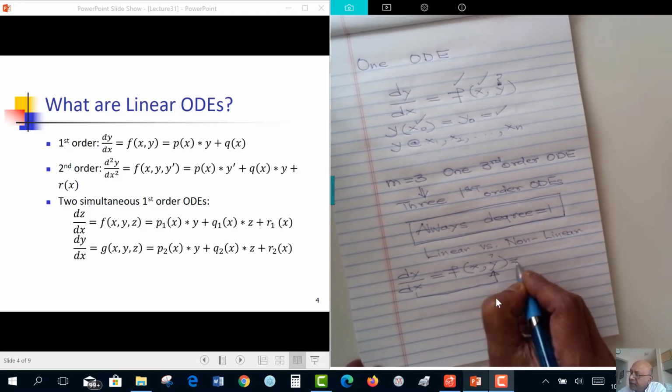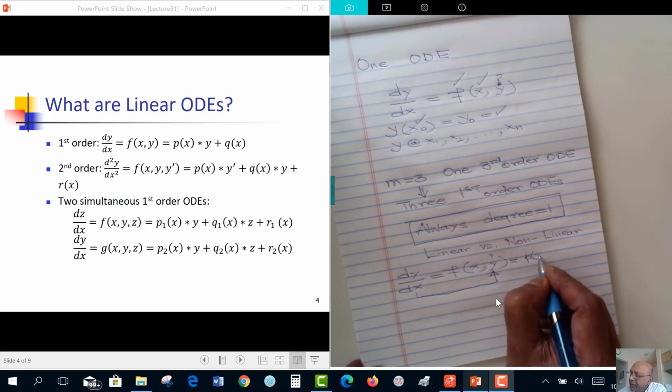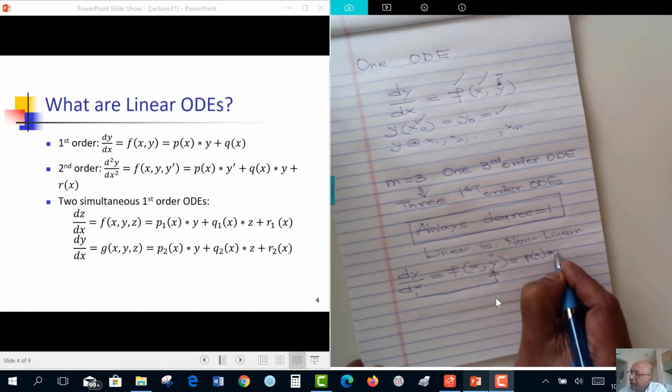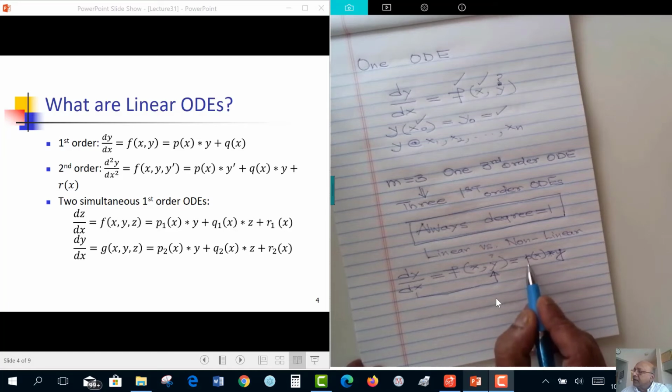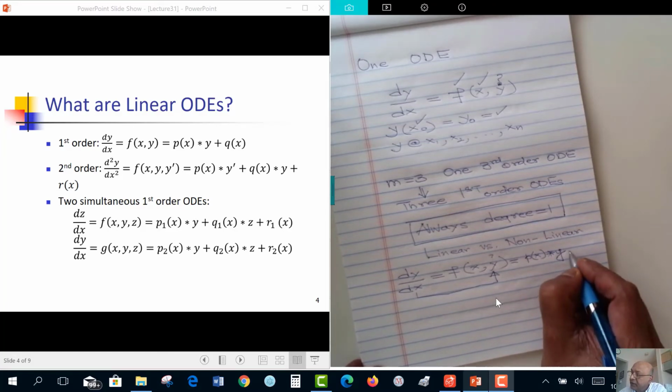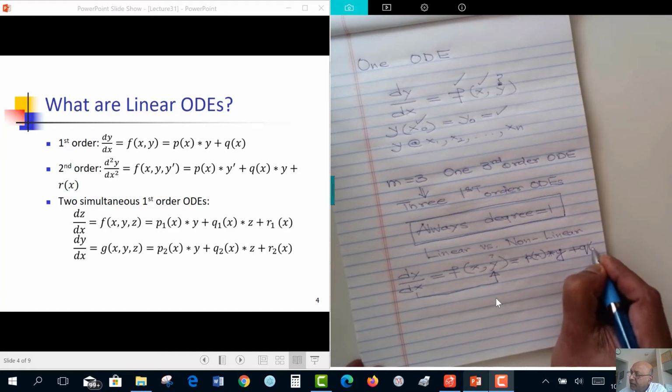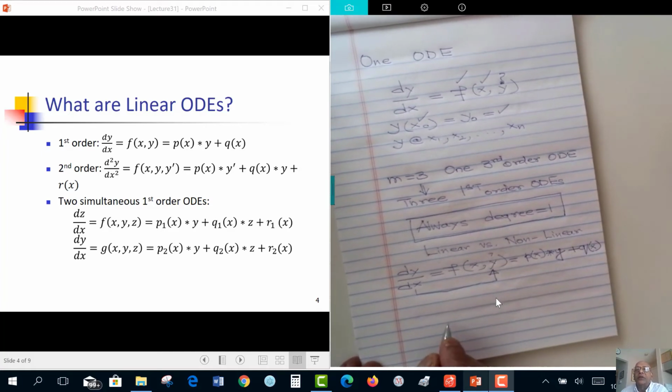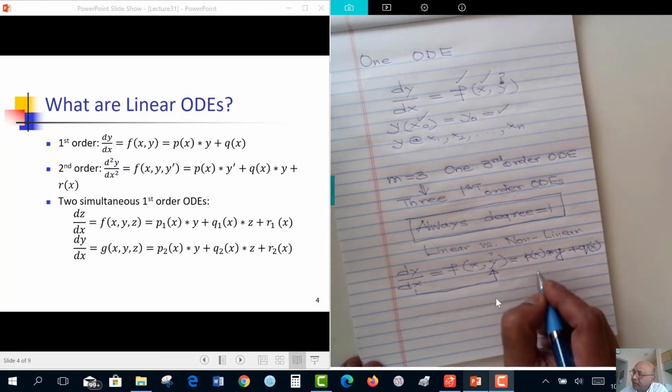Let's suppose it is, then we can separate it. We can say it is something times y, and that something could be a function of x, and the remainder could be some other function of x. So this is a linear differential equation.